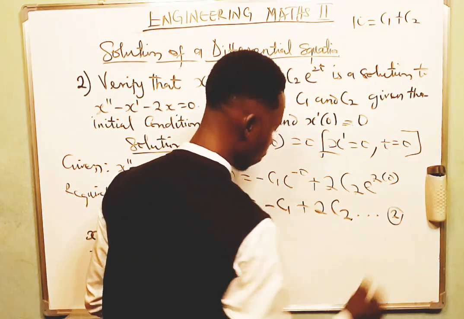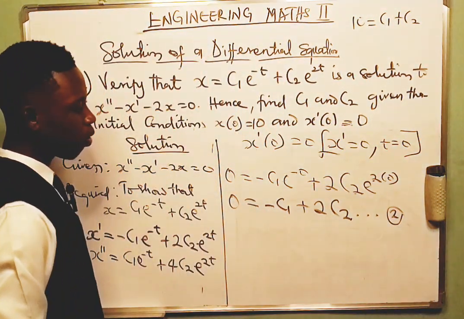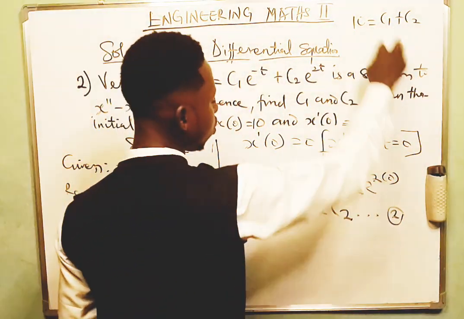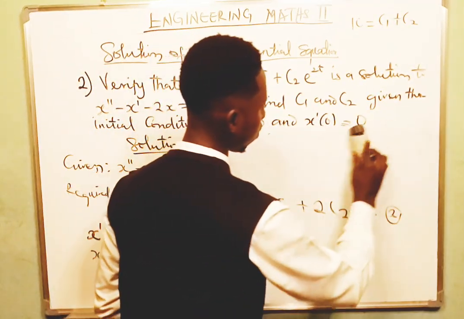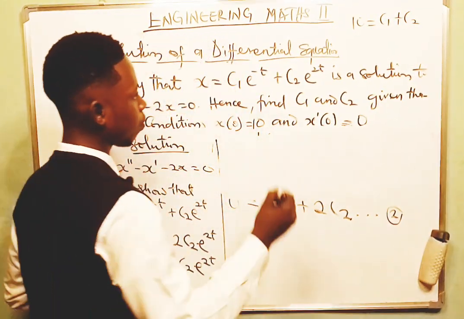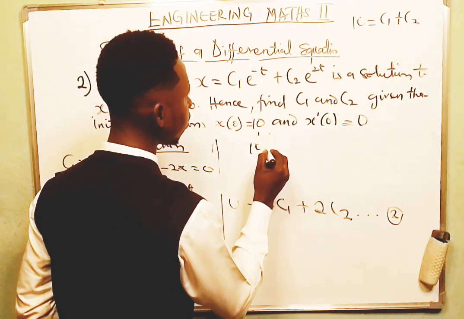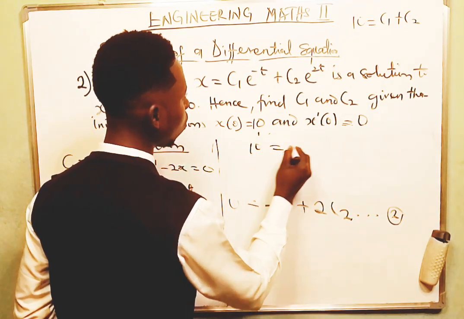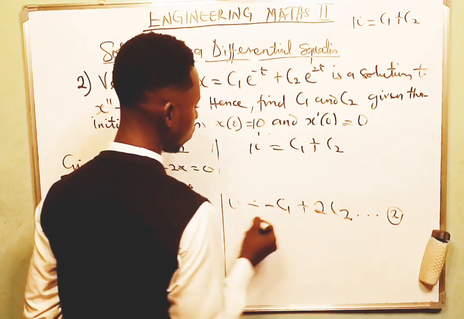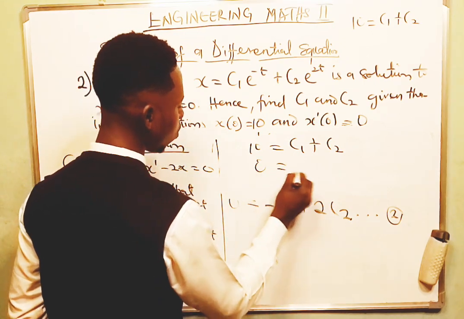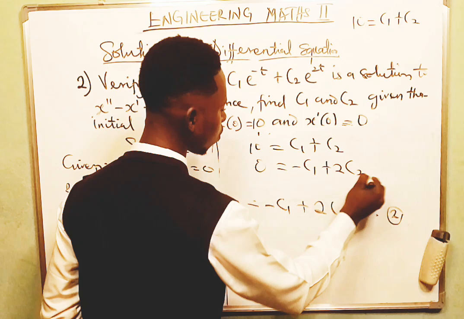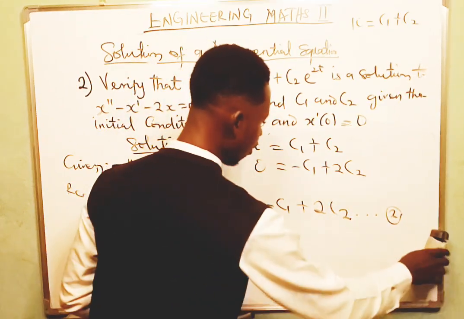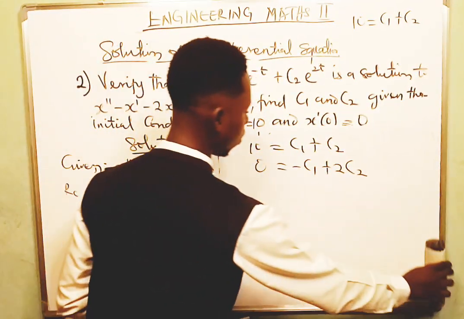We now call this our equation 2. Now, what do we do, class? We carry equation 1, which is 10 equal to C1 plus C2, and then 0 equal to minus C1 plus 2C2.